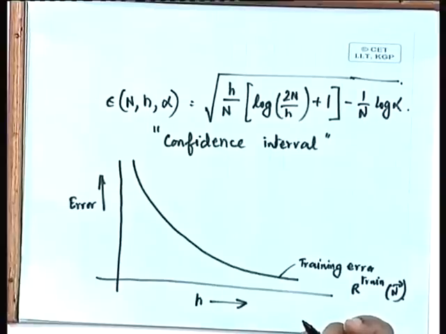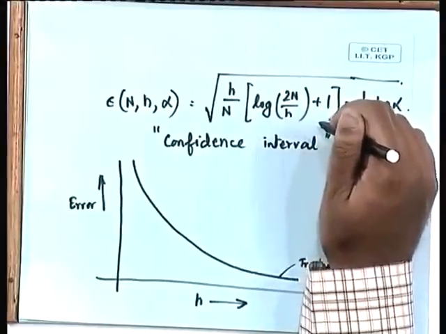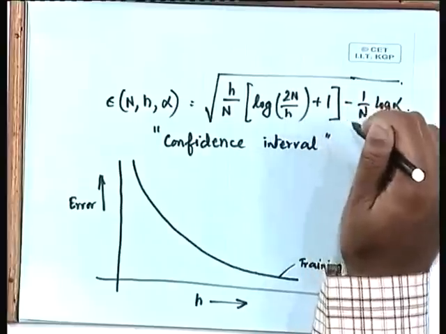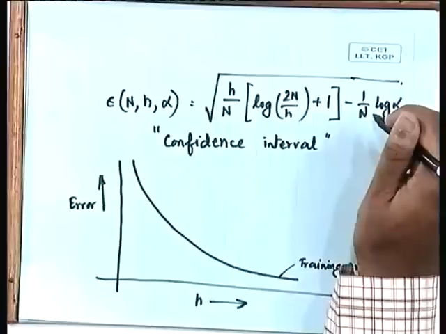Definitely in this case n is much higher as compared to h. That is bound to happen because you are considering n number of training patterns, which will be much more than what the VC dimension tells you. So definitely in this case, with the increase of h, this epsilon expression monotonically increases.